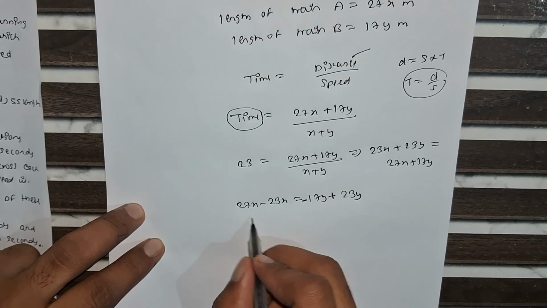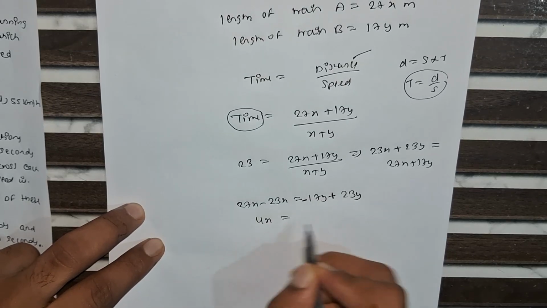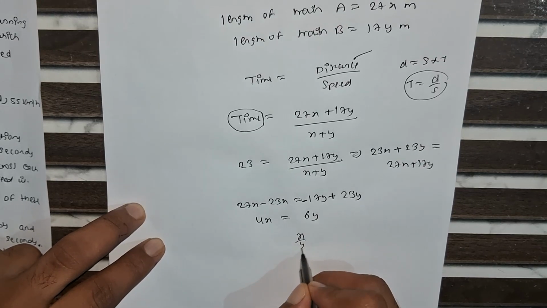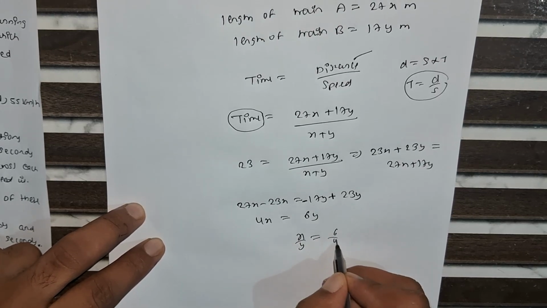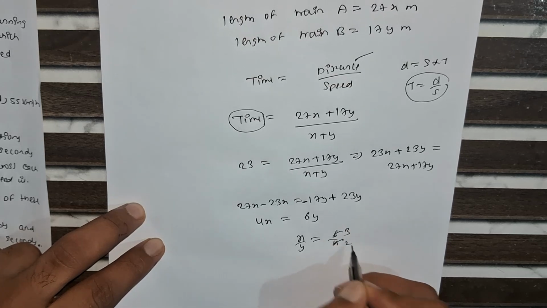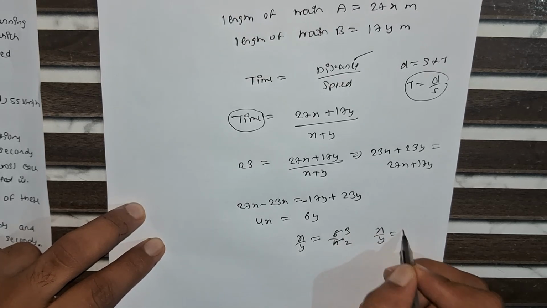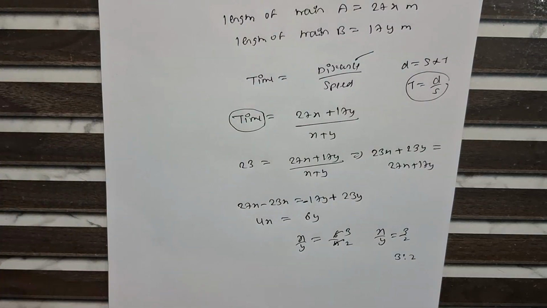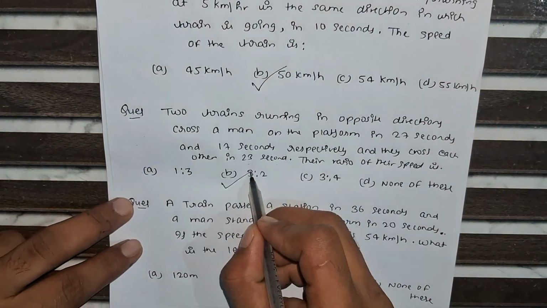When you solve, you will get 4x equals 6y. So we have to find the ratio of x to y, which is 6 by 4. So 2 threes are 6 and 2 twos are 4. So x to y equals 3 by 2, which is the ratio 3 to 2. So here our option B is the correct answer.